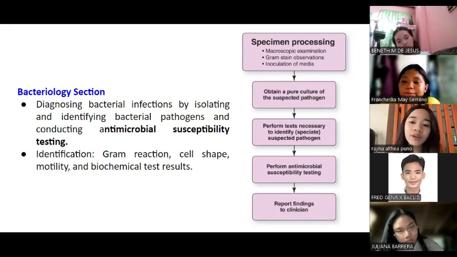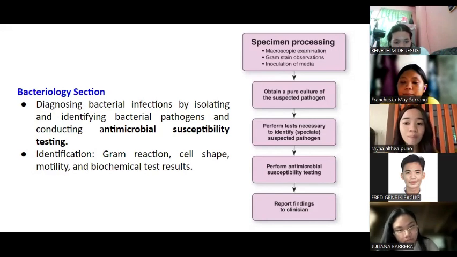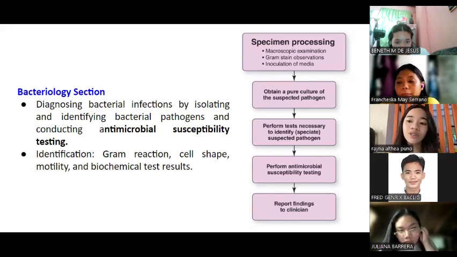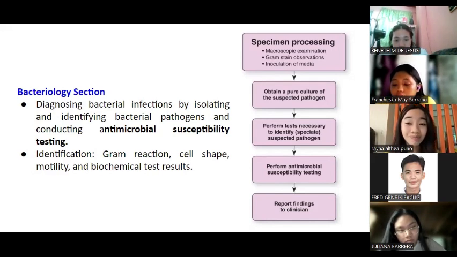In terms of identification techniques, the gram reaction test distinguishes bacteria based on their cell wall structure, classifying them as gram positive, which stains purple, or gram negative, which stains pink. For the cell shape, bacteria are categorized by shapes such as cocci, which is spherical, bacilli, rod shape, or spiral.